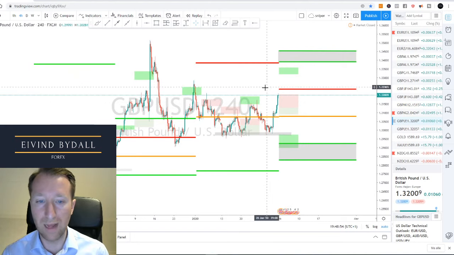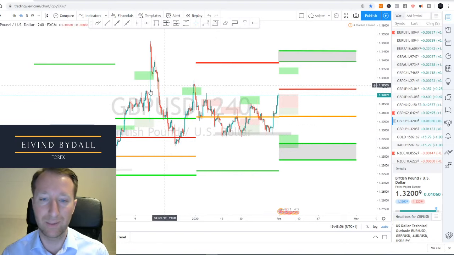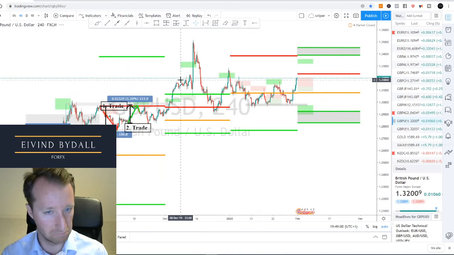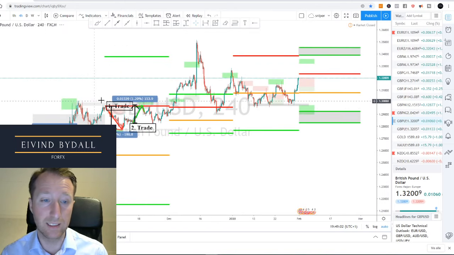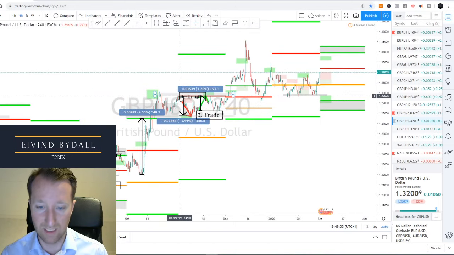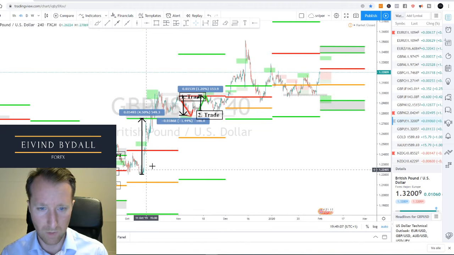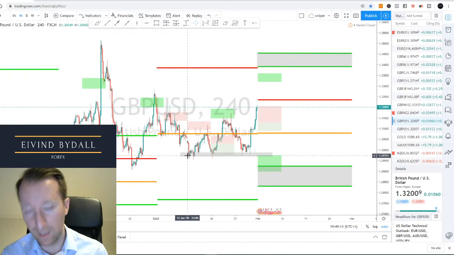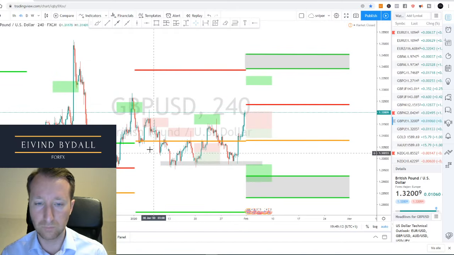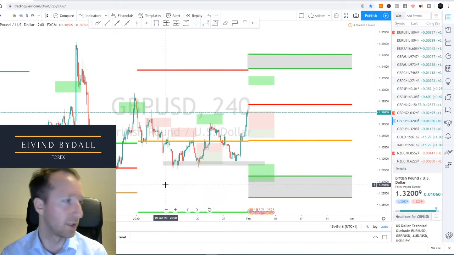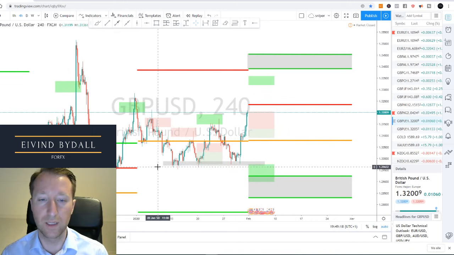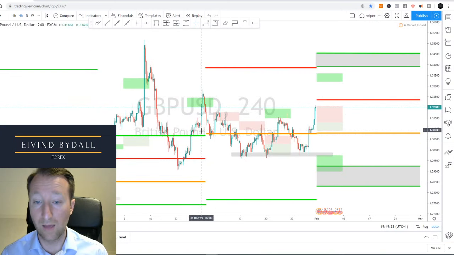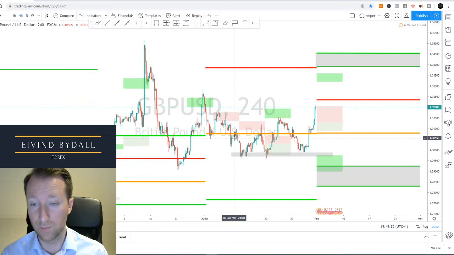For pound USD, it hasn't really been respecting the monthlies for the past month. It did respect it in November. It didn't quite catch it in October, but give or take, it does. You can see it here, for example, where price respects it, goes below, and respects it again.